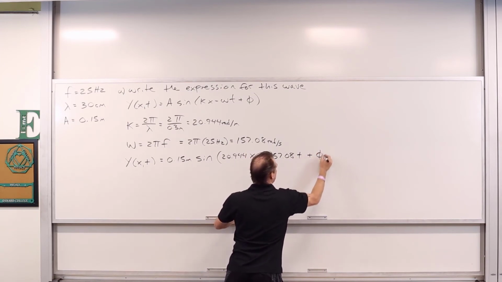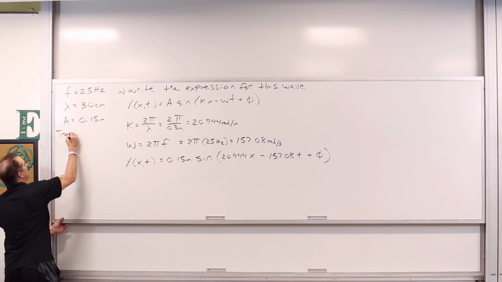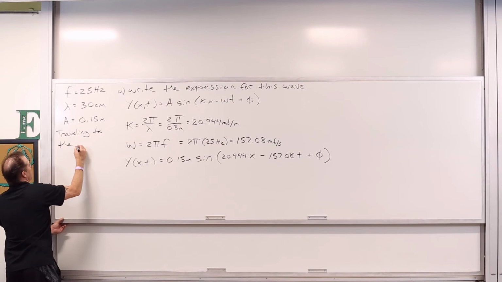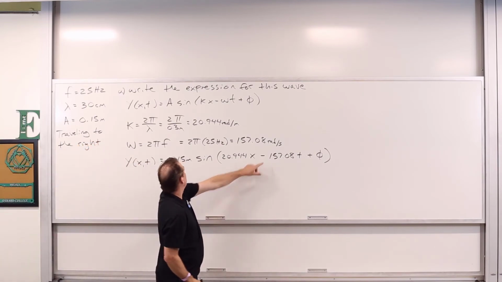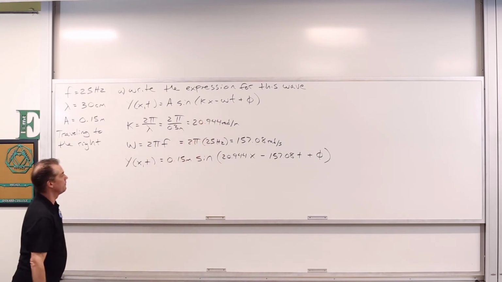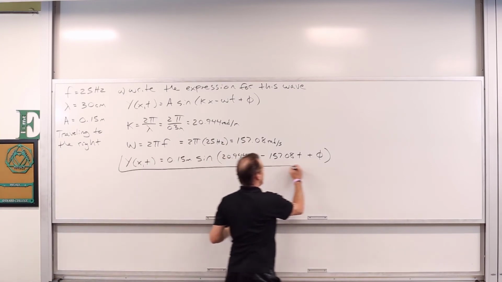And then we can add in a plus phi. We were told that this is traveling to the right, and thus we used minus here, and I wrote minus there. It said traveling to the right. All right, so there we go. Fantastic.